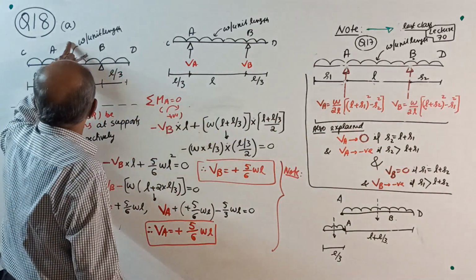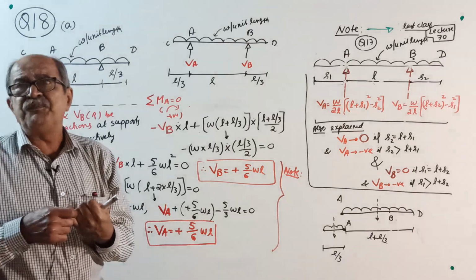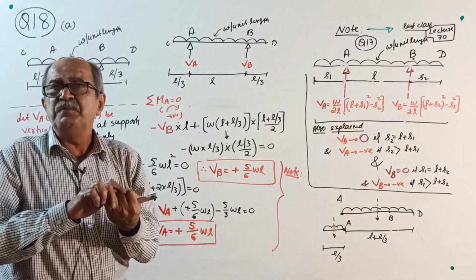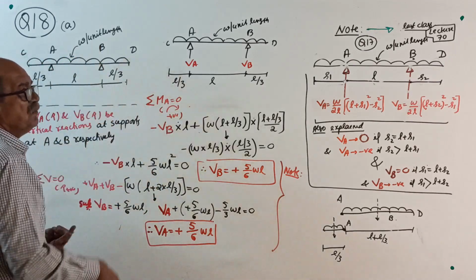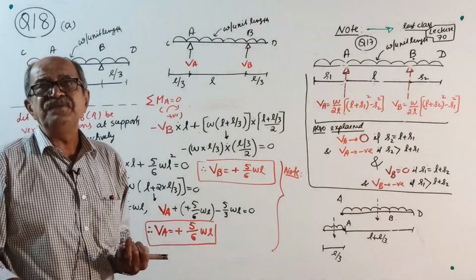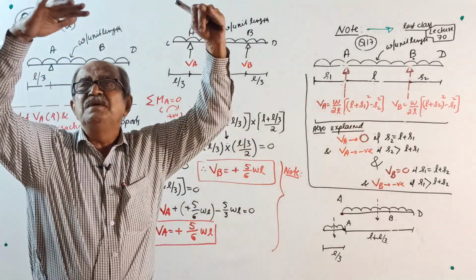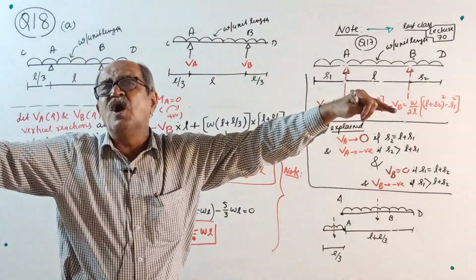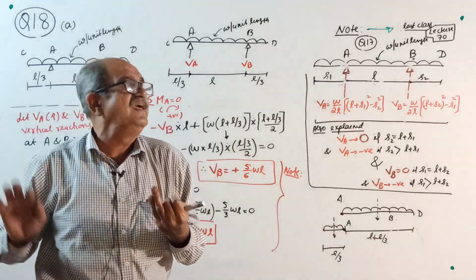So that is six questions. First question A is for perfect symmetry. Second question B is when both reactions are positive, meaning both overhangs are quite small. When both overhangs are quite small, no lifting will come. Lifting will come when a heavy overhang is there.